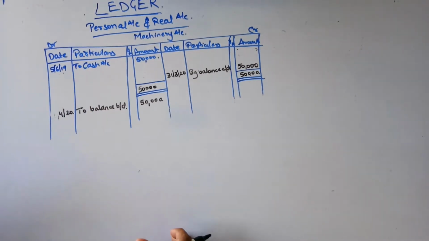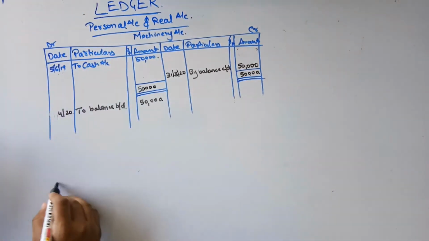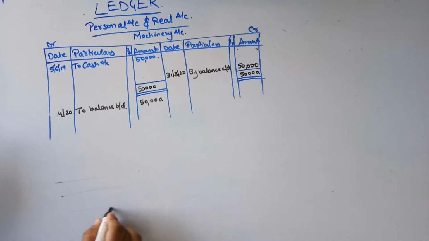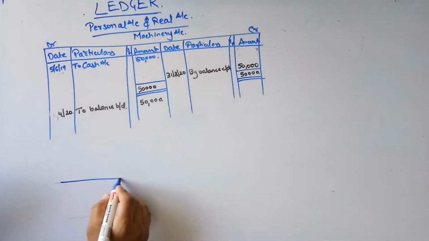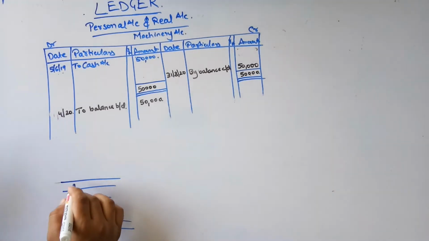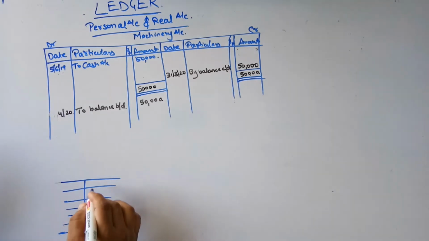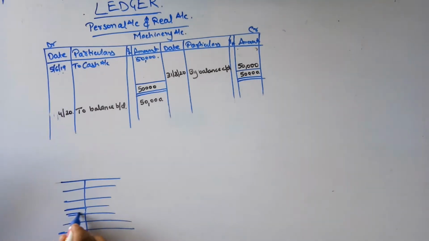Now, when you have these lines in your book like this, let's say you have the account till here. Over here itself you draw these two lines. The next line you have here is to write To Balance Brought Down.